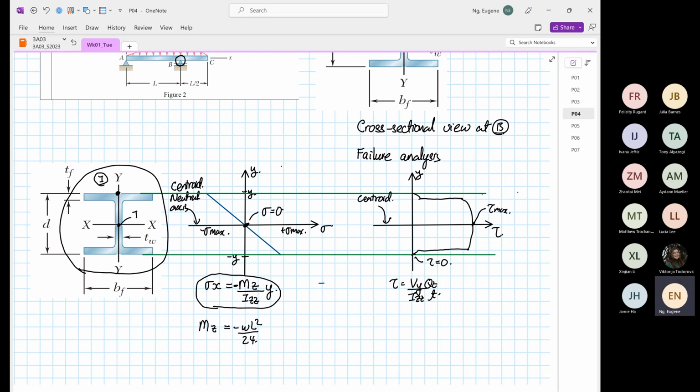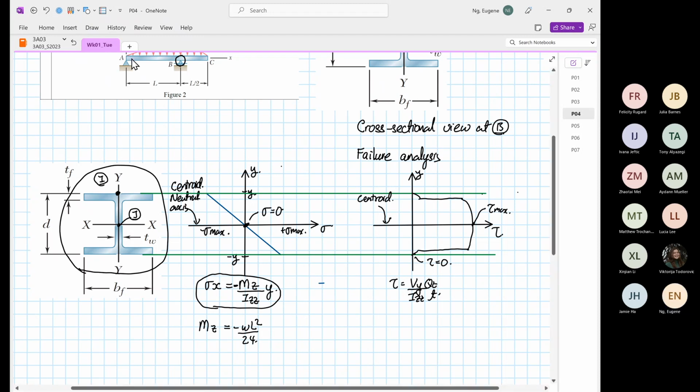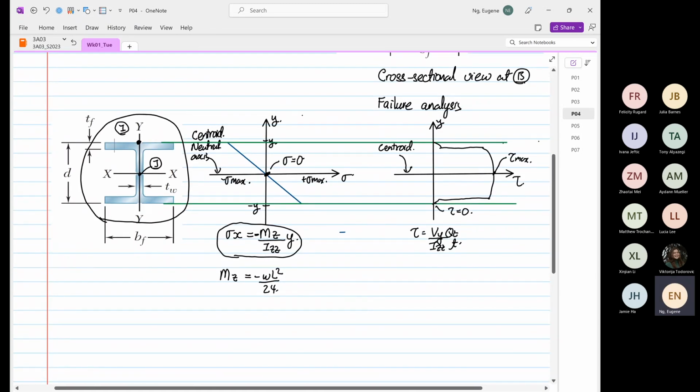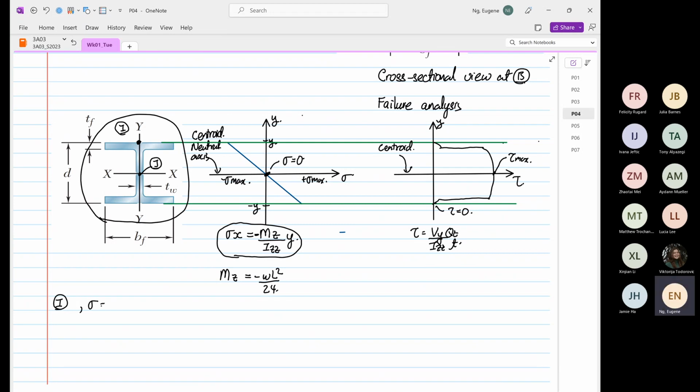Over here is our point J. If we were to just look at point I, we know that our normal stress is equal to minus stress max, and our shear stress is equal to 0.